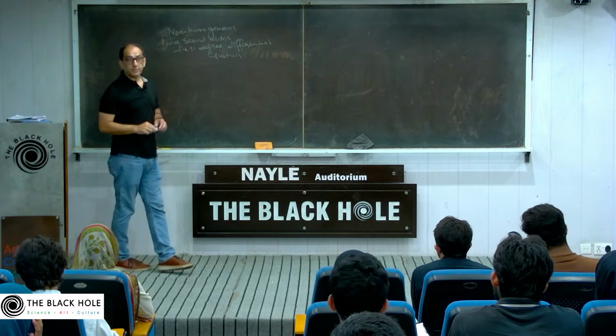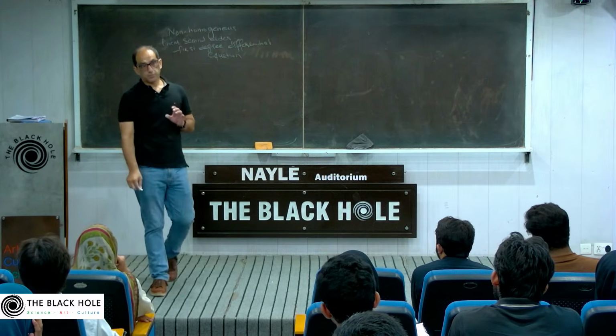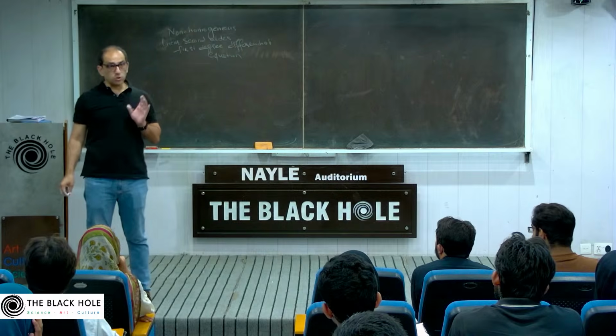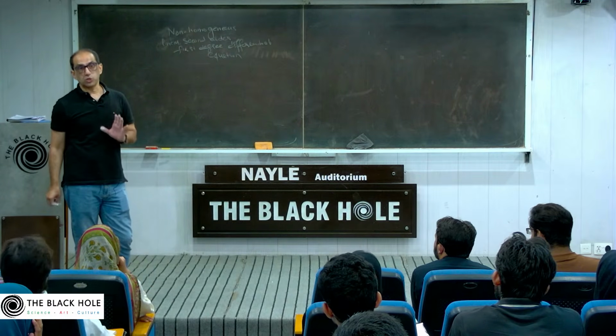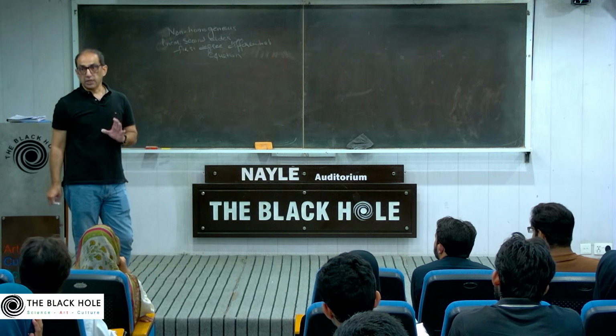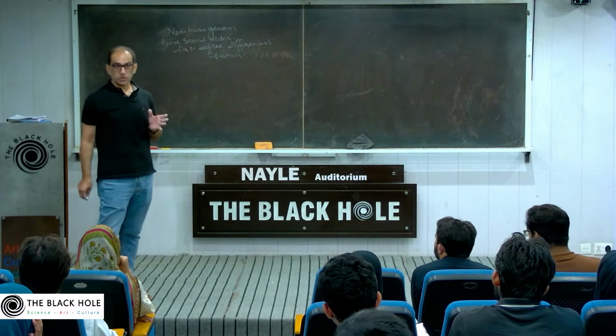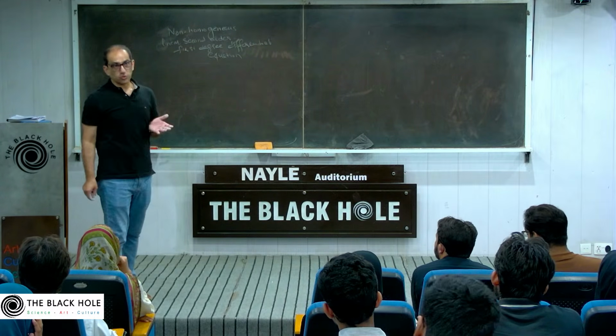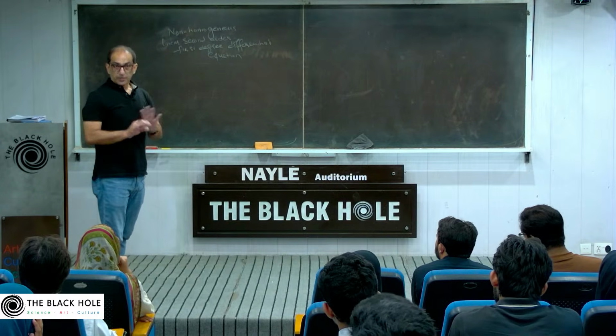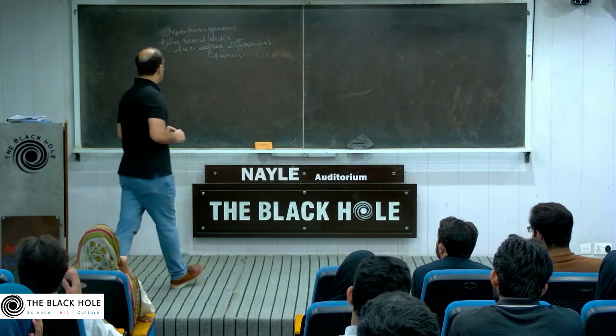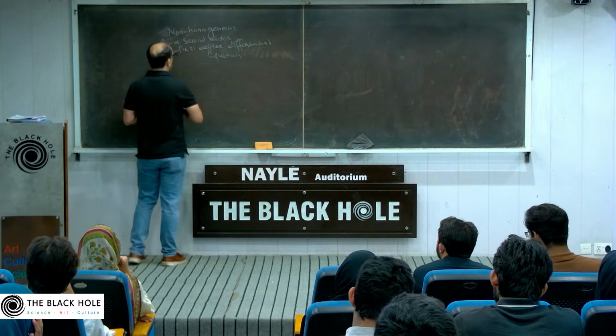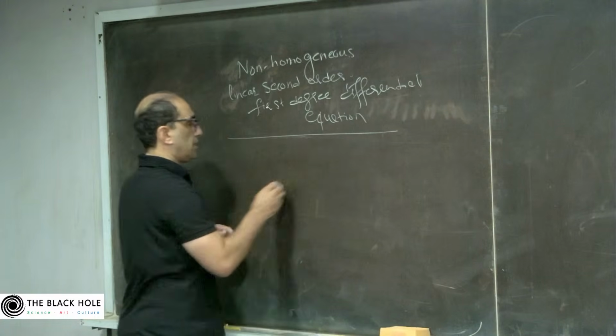The only problem with this method is that you need to know the solutions of the associated homogeneous part. If you do not know the solutions of the homogeneous part, then of course you can't use this method. Otherwise, any input can be used. So let's begin.